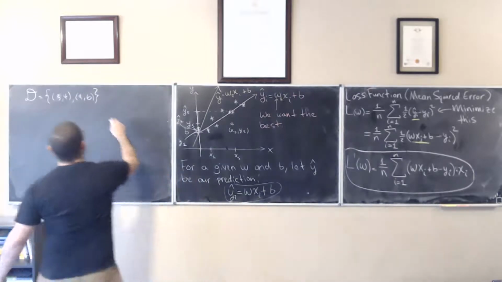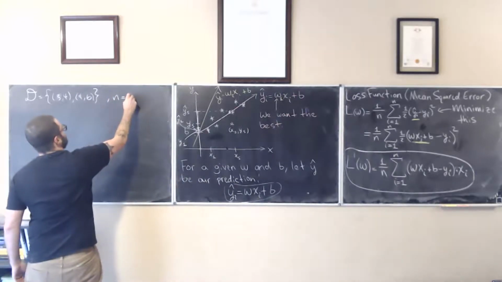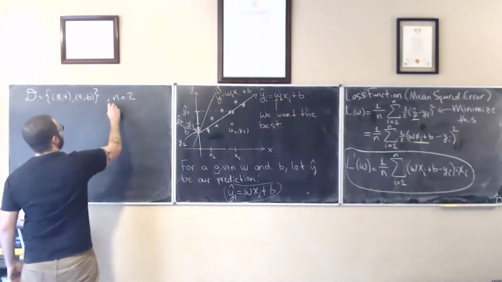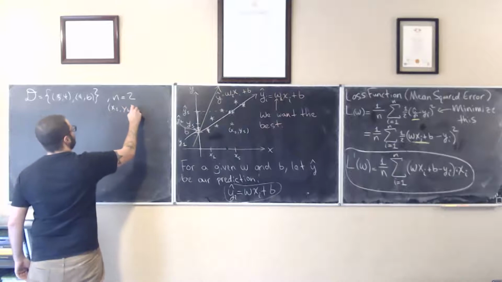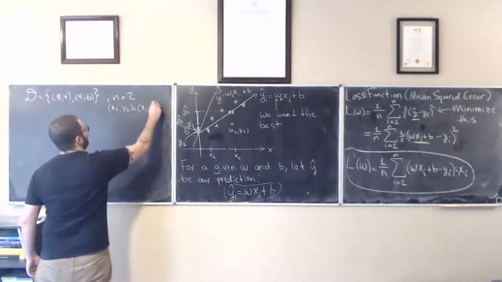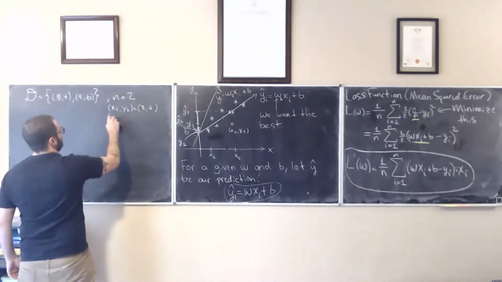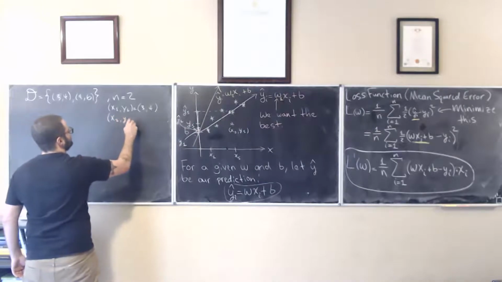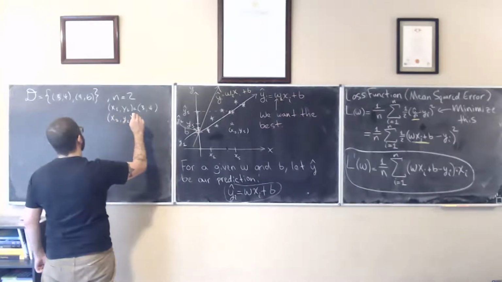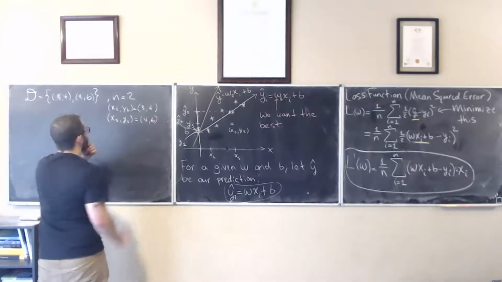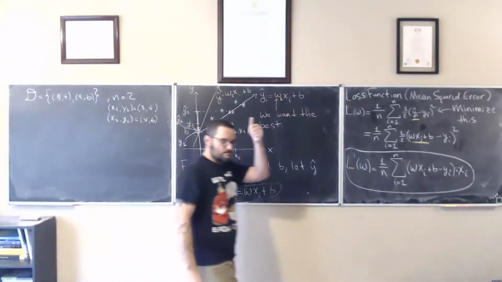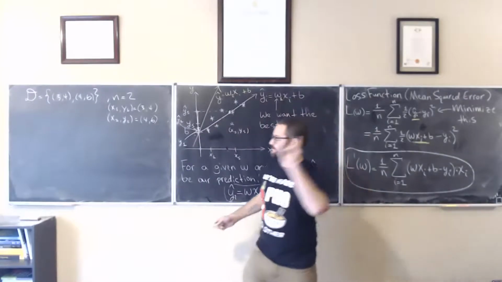So here, n is equal to 2, x1 comma y1 is equal to 3 comma 4, and x2 comma y2 is equal to 4 comma 6. Good? So we just have 2 data points.